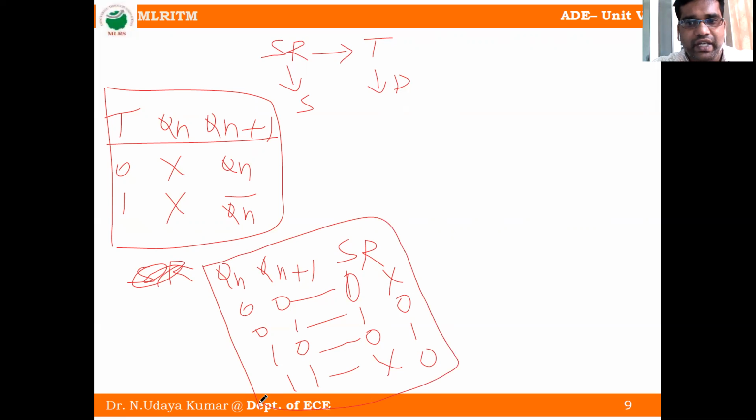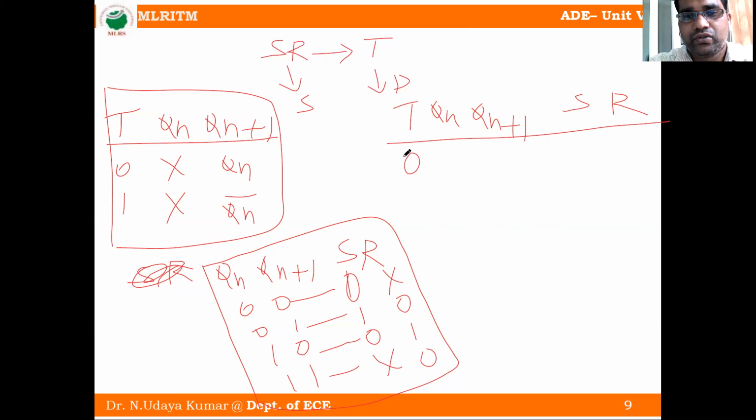From this we can extend: T, Qn, Qn plus 1 and S, R. That means T is equal to 0. Don't care can be written as 0 or 1.